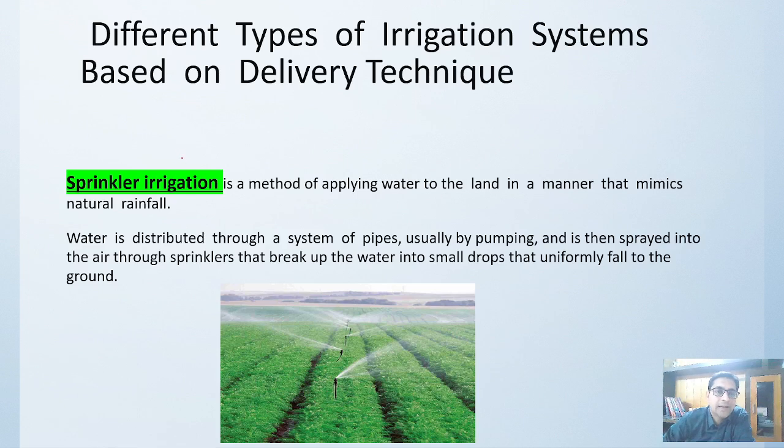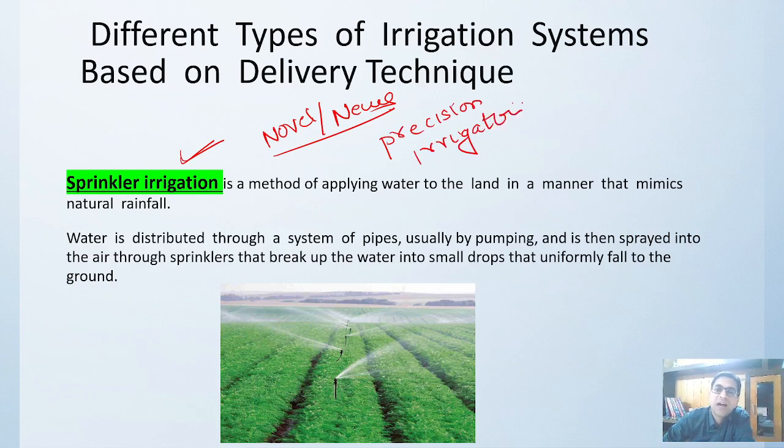Then comes sprinkler irrigation. Sprinkler irrigation is a very novel, new technique, and it is also called precision irrigation or precision farming techniques. Okay, so here we are applying water that mimics rainfall.